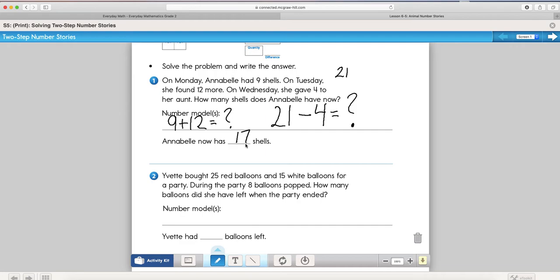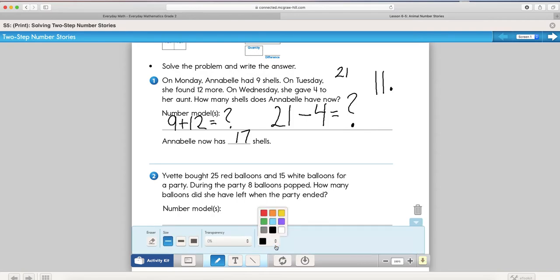I used base 10 shorthand. Okay, so you made 21 with base 10 shorthand, but then you probably found you couldn't take 4 away from that, right? So what did you have to do? Well, at first I added them, and then after I did it again, and then I did the subtraction after I did the adding.